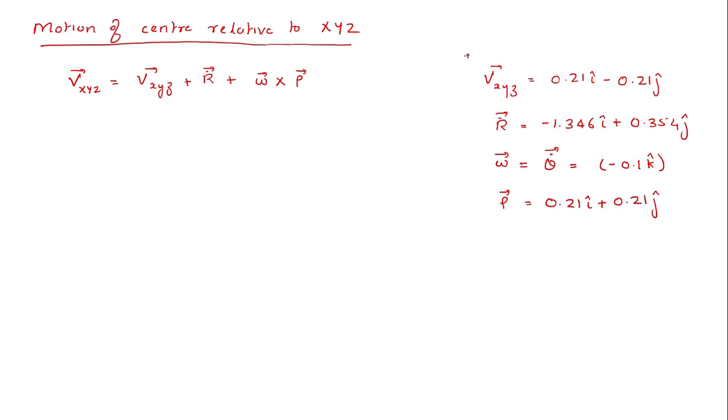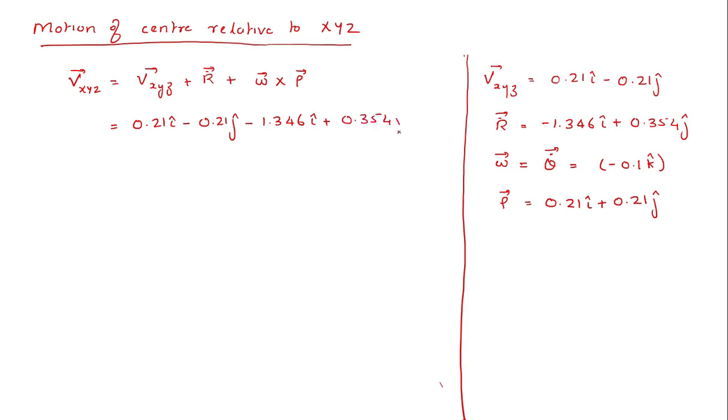Now let me draw a line here. Now substituting all of these terms, we would get 0.21 I cap minus 0.21 J cap minus 1.346 I cap plus 0.354 J cap plus minus 0.1 K cap cross 0.21 I cap plus 0.21 J cap.